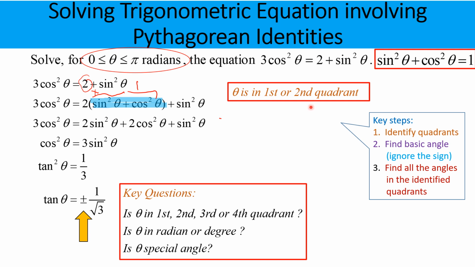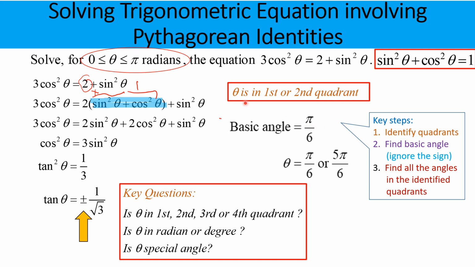With this, we move on to find the basic angle. I simply take 1 over root 3, and using a calculator, I should be able to find the answer as pi over 6. Again, I want to emphasize that because I know theta should be a special angle, as far as I can, I leave the basic angle in terms of pi.